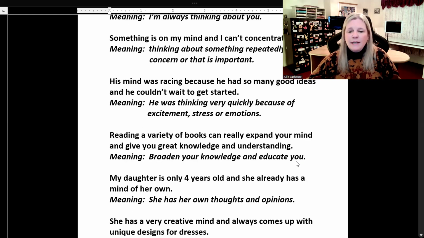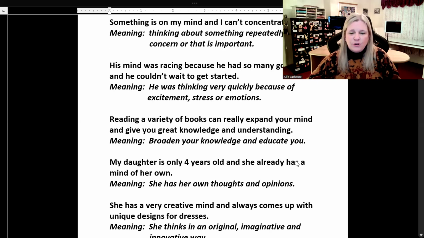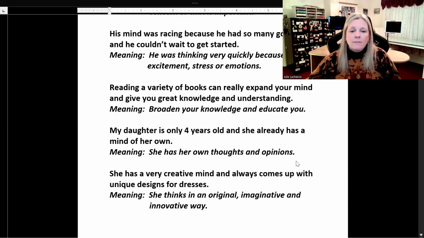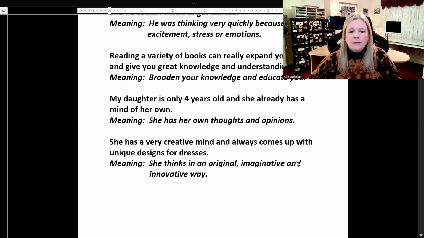Reading a variety of books can really expand your mind and give you great knowledge and understanding, meaning broaden your knowledge and educate you. My daughter is only 4 years old and she already has a mind of her own, meaning she has her own thoughts and opinions.